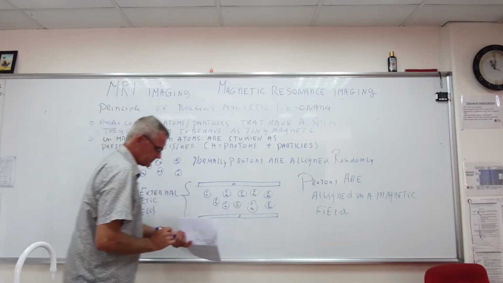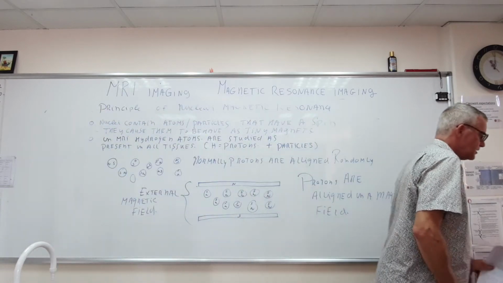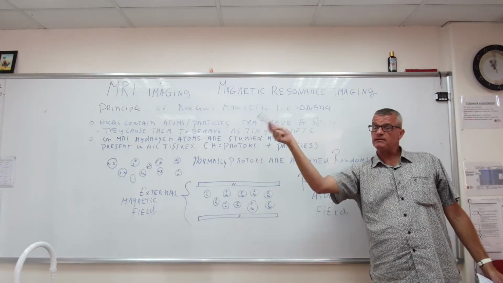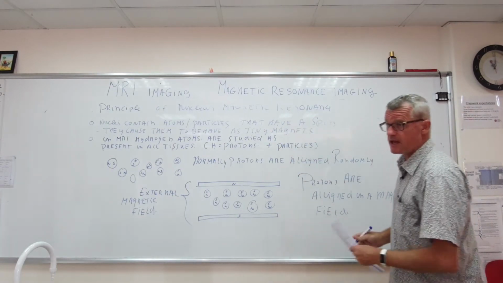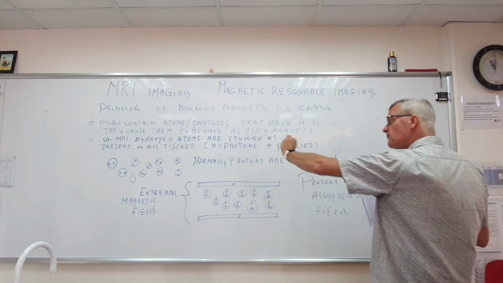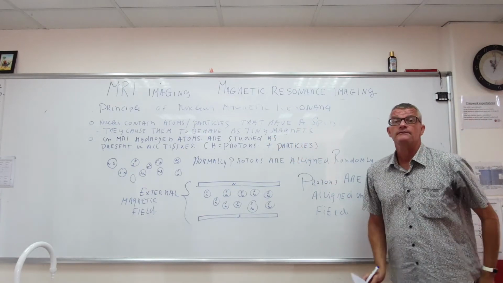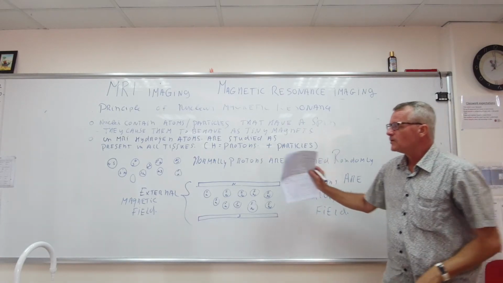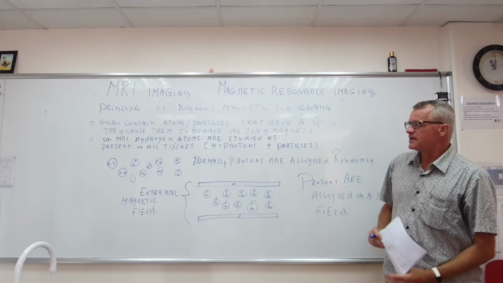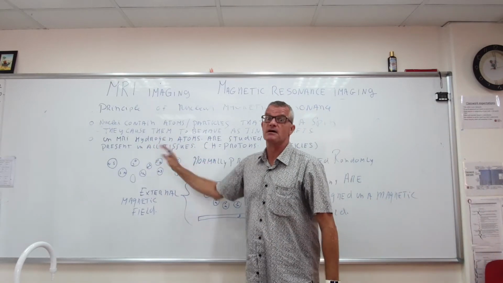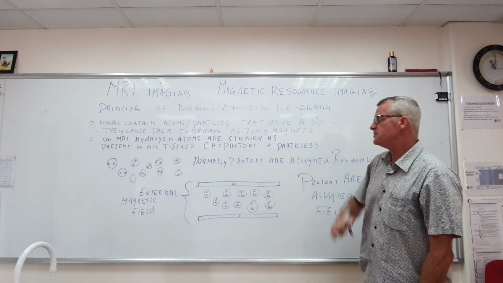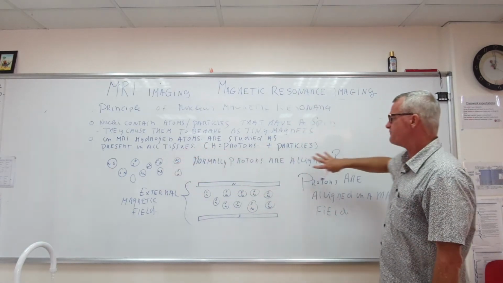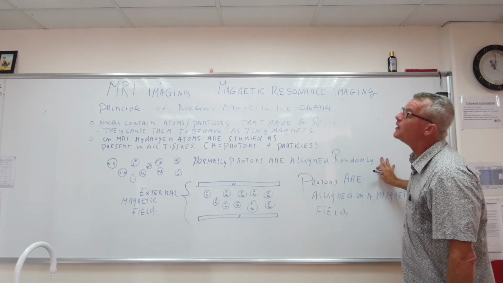Okay, so again, a little bit in review. Protons, when they are spinning around, create like tiny magnets. In our body, all these particles are differently distributed, so when they are not in a magnetic field, they just have a random pattern.